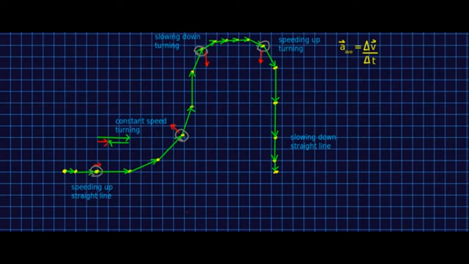Now, once you've seen this, you don't have to go through this whole laborious process of the vector subtractions every time. I can tell this is speeding up going in a straight line, so it points forward. This is going around in a curve at constant speed, and so these point straight into the center. This is going around a corner and slowing down, so it points inward and back. And same here.